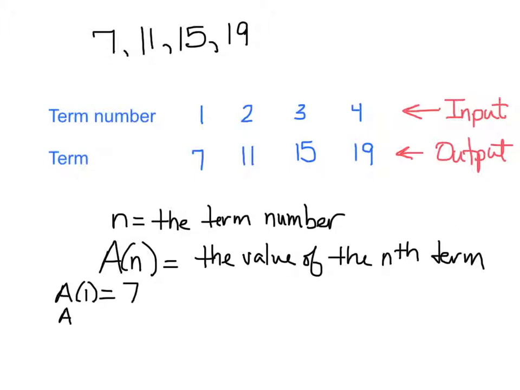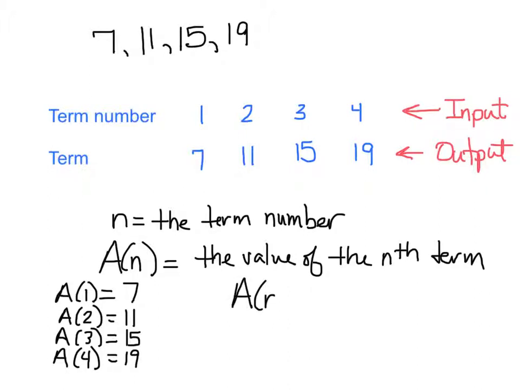The second term would give me a value of 11. The third term would give me a value of 15. And the fourth term would give me a value of 19. So what would the nth term of the sequence give me? This is your function rule.